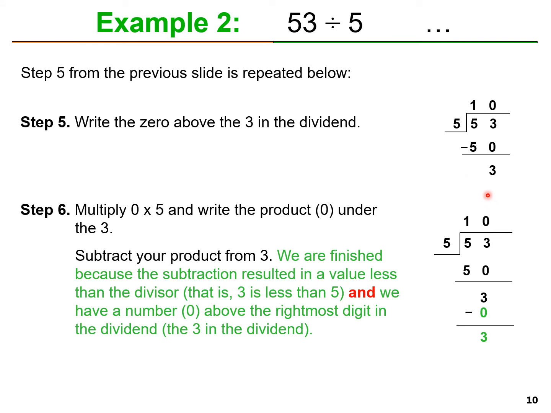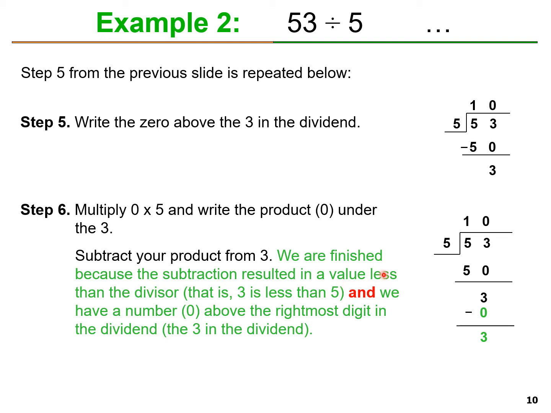Multiply 0 times 5 and write the product under the 3. So 0 times 5 is 0. Anything times 0 is 0. And we write the 0 under the 3. So we are finished now because the subtraction resulted in a number less than the divisor. 3 is less than 5.